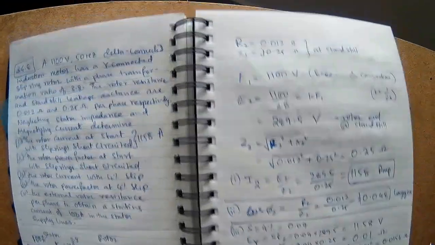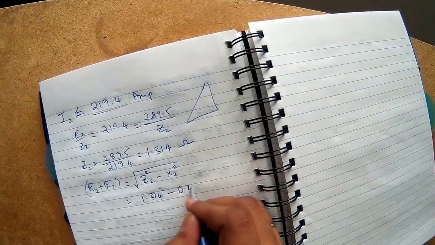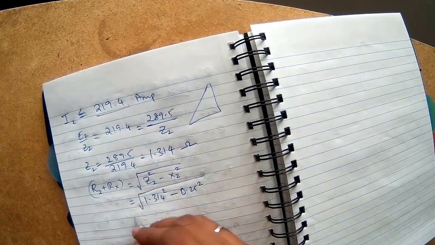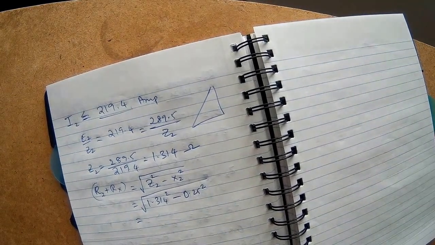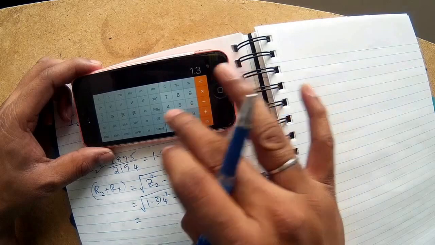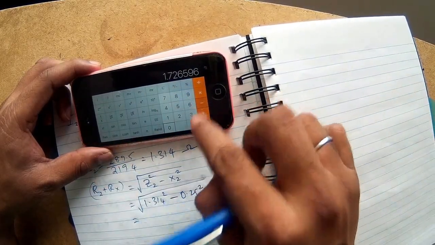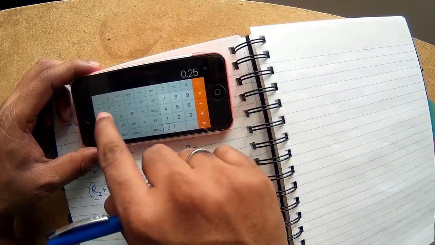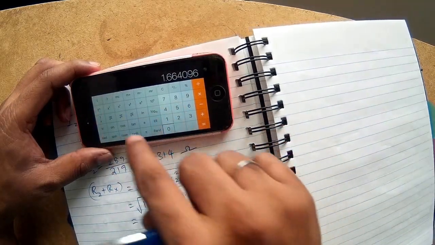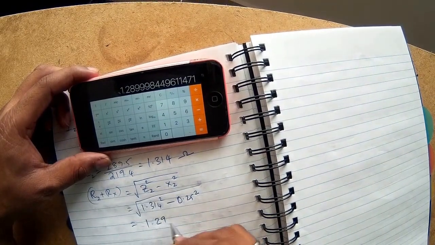X2 is given in the question, it is 0.25. So 0.25 squared, and then I apply a square root. Let's do this calculation: 1.314 squared minus 0.25 squared, then square root of that. I'm getting 1.29 ohms.